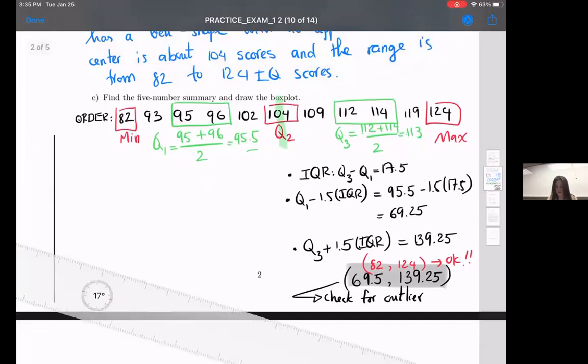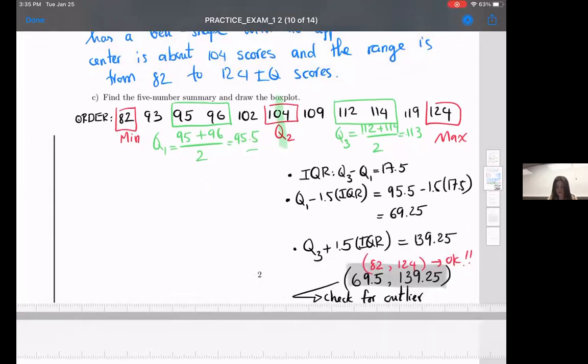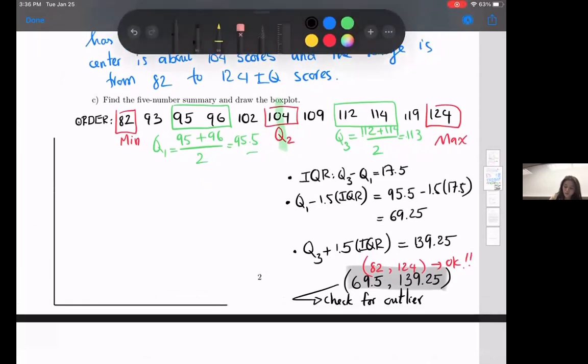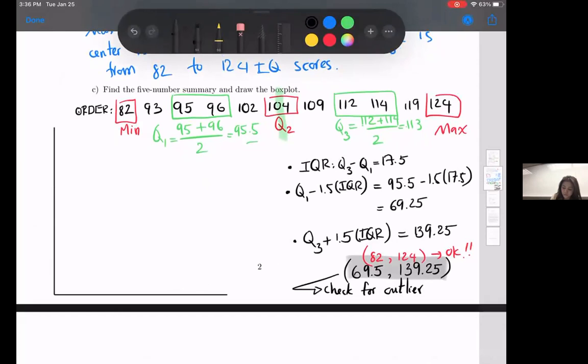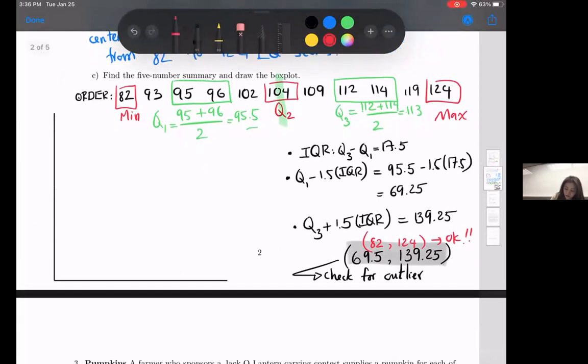I'll give you more space on the exam. This is a lot. Okay, so let's say, I'm going to start at 80 and then go 85, 90, 95, 100, 105.